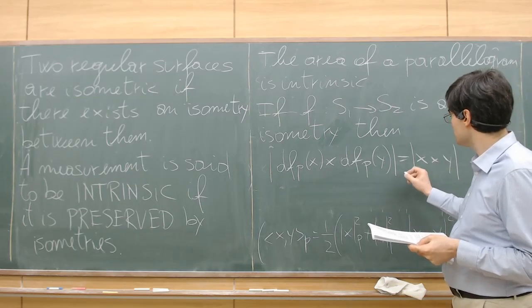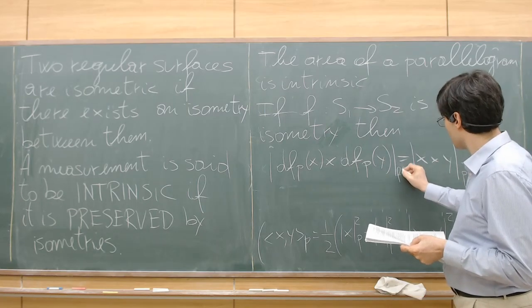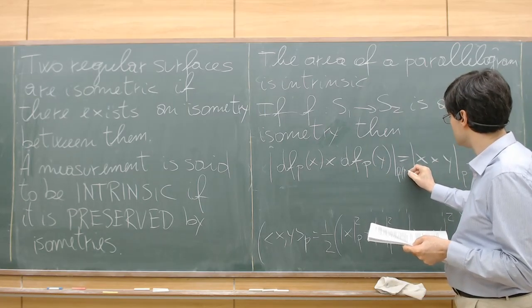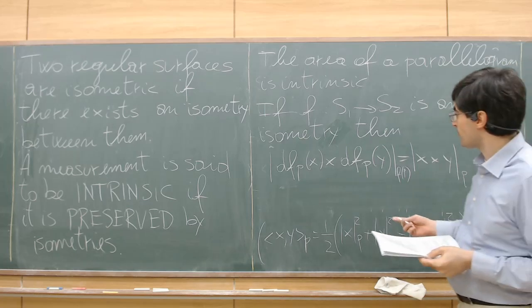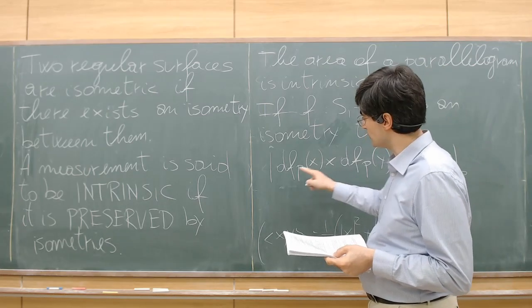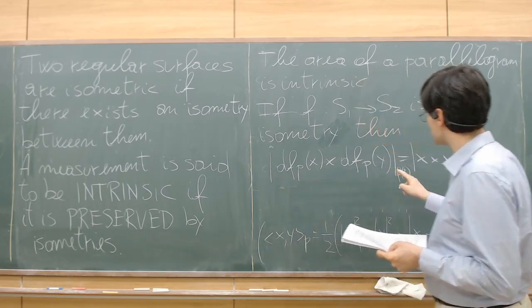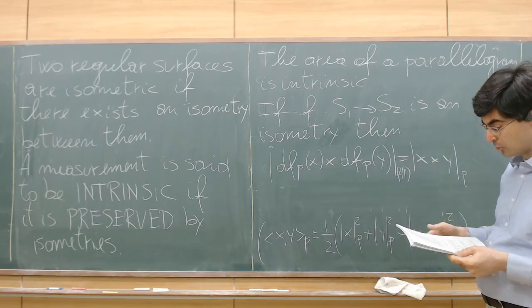Why is this true? Okay, I should write here p, F of p. Why is this true? Because you use the formula for the length of the cross product of two vectors.